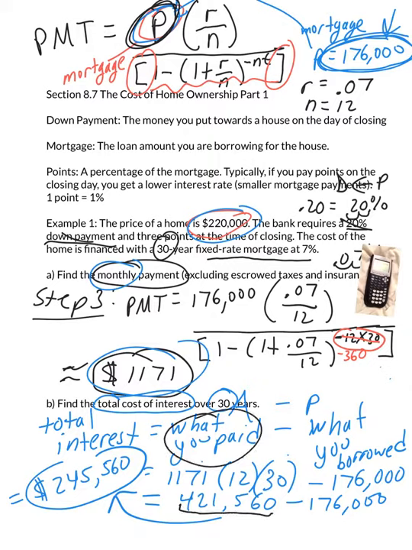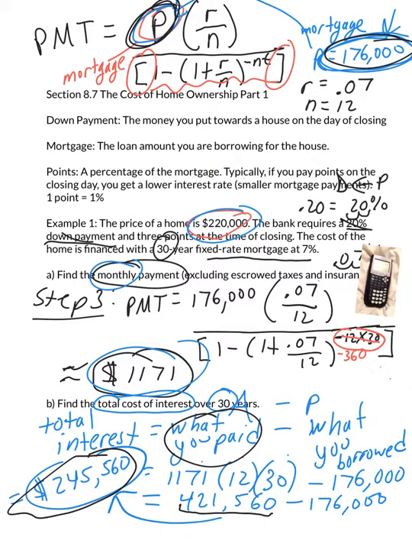So even though we borrowed $176,000, when this loan is all said and done, we've paid way more than that back. We've paid over $400,000 back. So that means that the bank or whoever loaned us the money has really made out, because they got $245,560 off of interest from us. So that's what they charged us for loaning us the money in the first place.